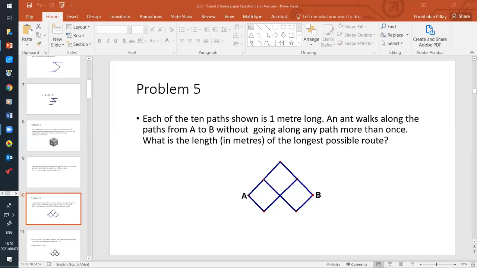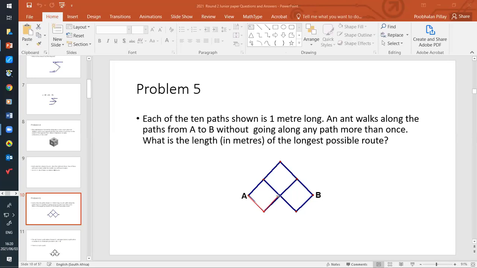So let me change the color so that we can see what we are doing. A nice color. Standard color is red. Okay, so let's just go down from A to this point. That doesn't look like red, it looks like white. Okay, let's go from A to this point here. There we are. Right, and then from here to here.